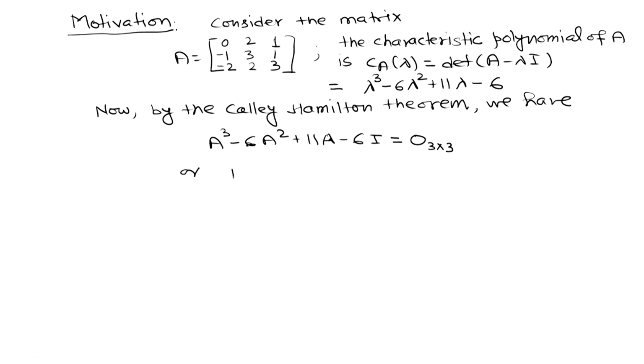Or I can write from here, if A is an invertible matrix, then A inverse equals 1 by 6 times (A squared minus 6 A plus 11 I). What I have done is multiply this characteristic equation, in terms of matrices, by A inverse. Let us say this is a polynomial of matrix A.